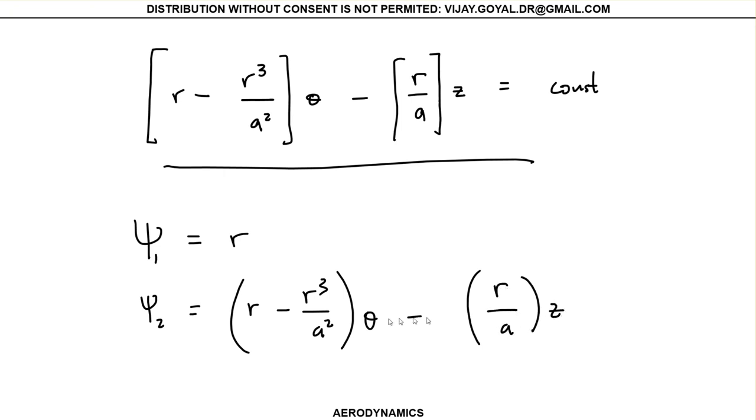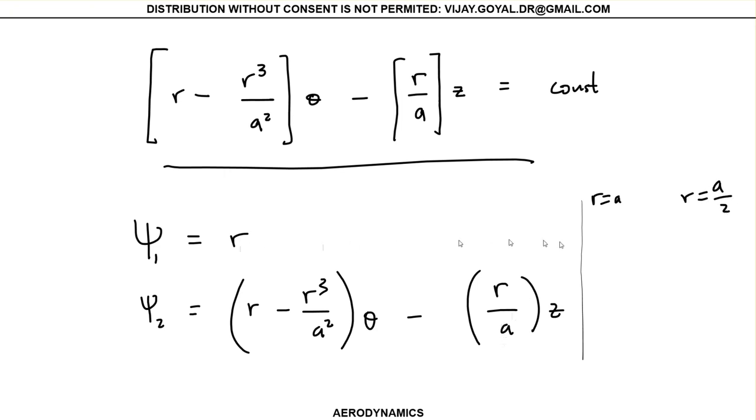Okay, so it's going to vary with r. And now, to understand what's really going on here, we have to understand what happens if I give any value of r. So let's say if r is equal to a, what happens if r is equal to a over 2, for example.